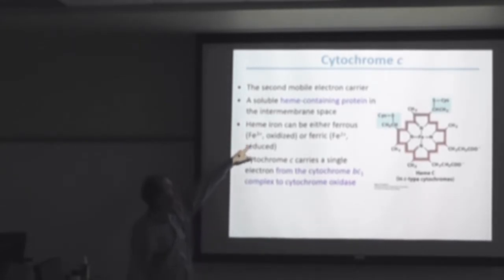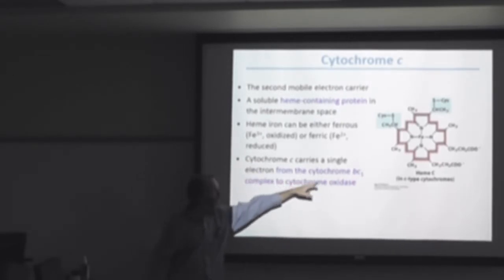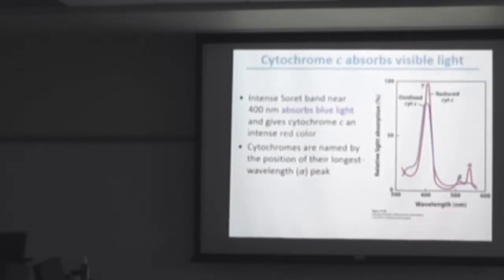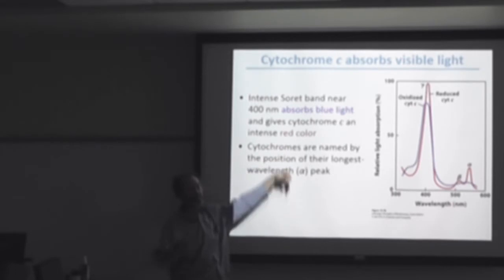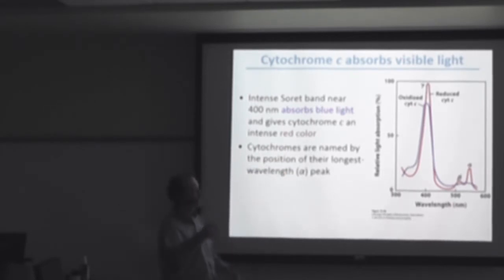Heme iron can be either ferrous, the oxidized form, or ferric. So it's only going to be able to accept 1 electron. So it carries a single electron from the cytochrome BC1 complex to the cytochrome oxidase enzyme, which is complex 4. And cytochrome C will absorb visible light. An intense Soret band near 400 nanometers absorbs blue light and gives the cytochrome C an intense red color, similar to how our hemoglobin gives that red color.